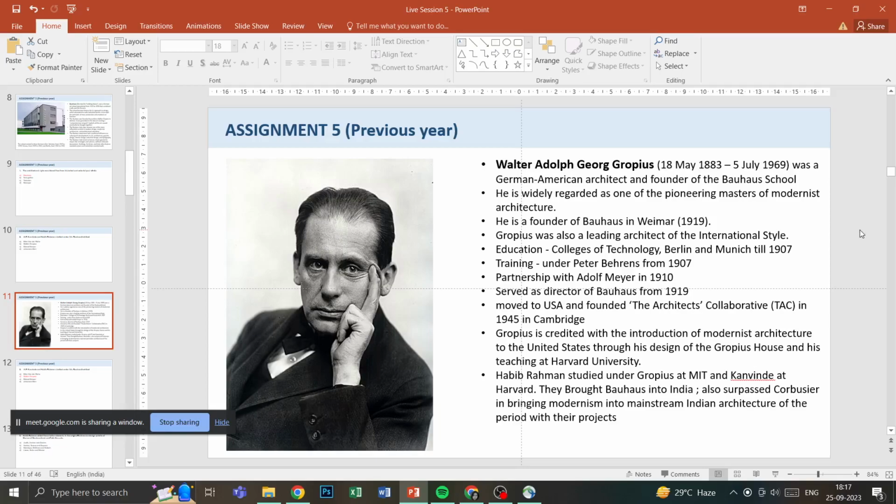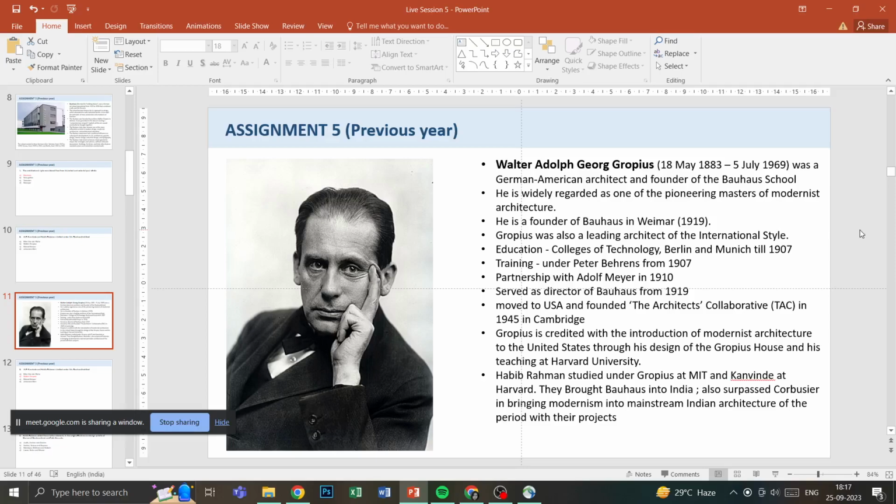He moved to the US and founded The Architects Collaborative in 1945 in Cambridge. He is credited with the introduction of modernist architecture to the US through his design of the Gropius House and his teaching at Harvard University.